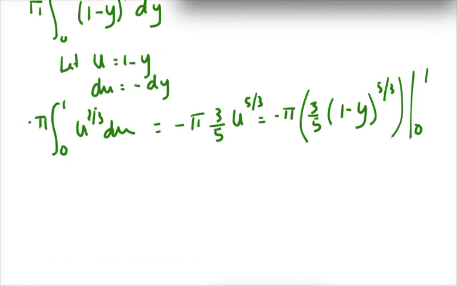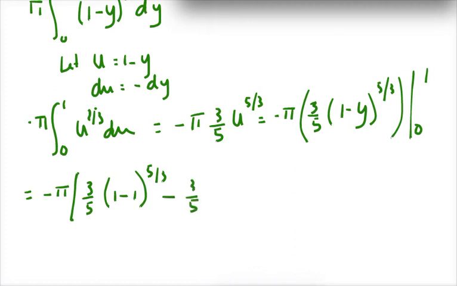All right, so now let's go off of what we have here. So this is minus pi, I don't know if this is right yet, 3/5 times 1 minus 1 to the 5/3, minus 3/5 times 1 minus 0 to the 5/3.